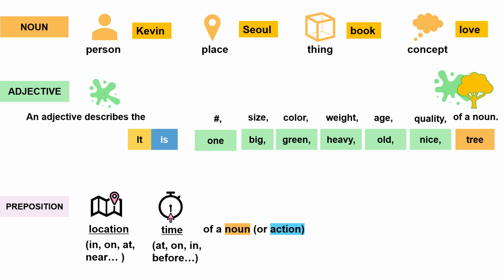For example, these are for any noun, can be an action too. We'll focus on noun. It is on the table. Class is at 9 o'clock. So, most important is noun. Adjective and prepositions are important too.